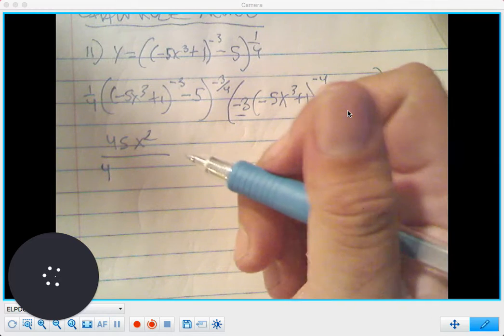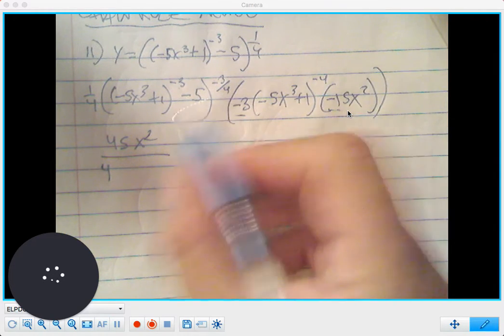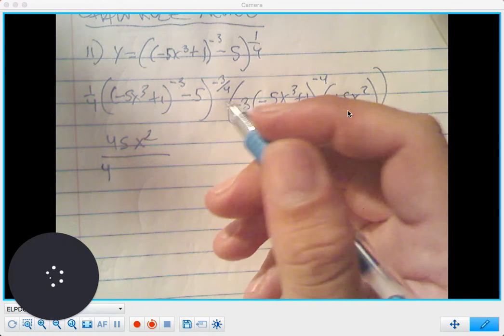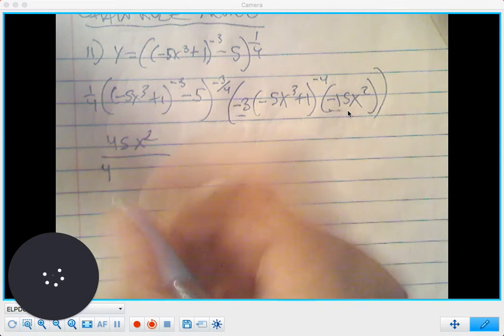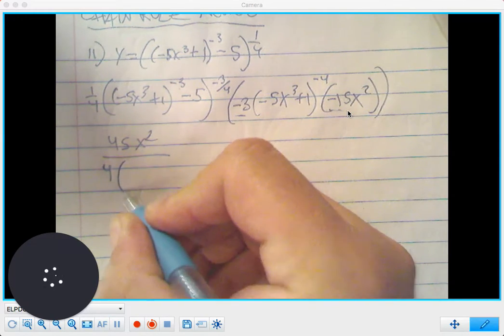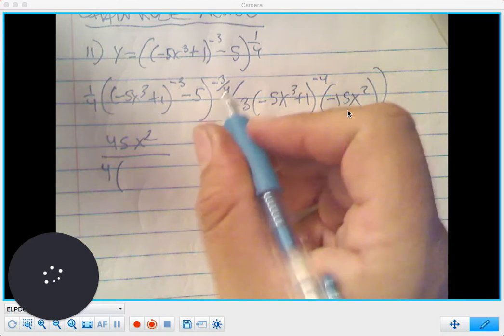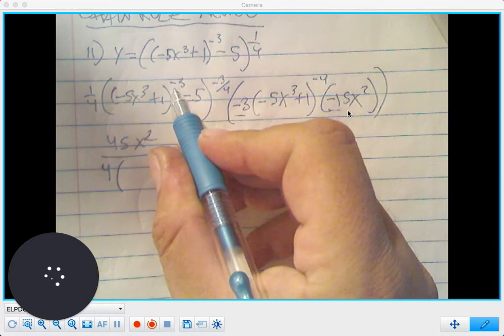Okay, here's the deal. Look, you see how this is on the bottom, and this is kind of, how can I say it? Okay, look. So I know this whole thing is gonna be on the bottom because this is negative. But you see how this one is negative too? But you know what?